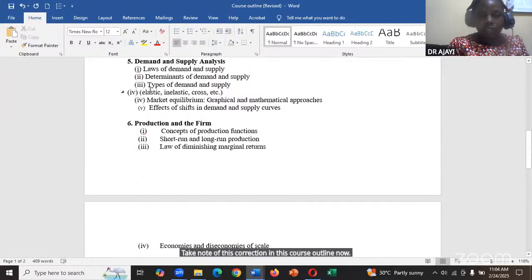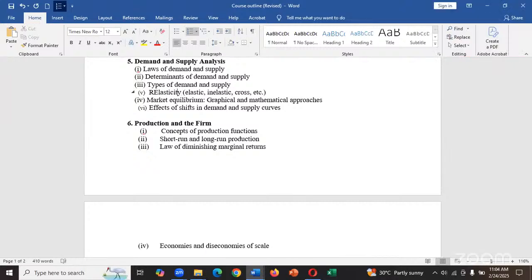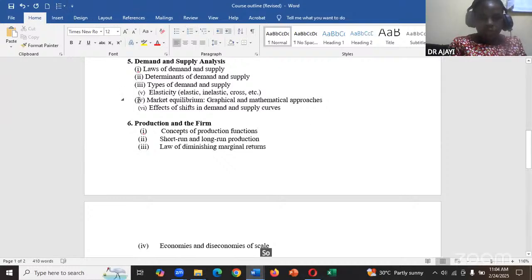All right, then the elasticity, so this one will be 4 now.